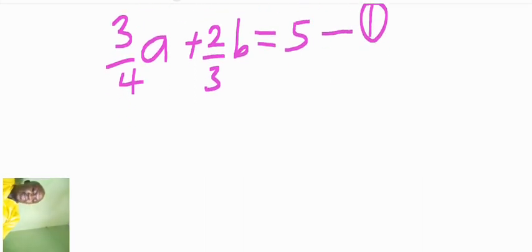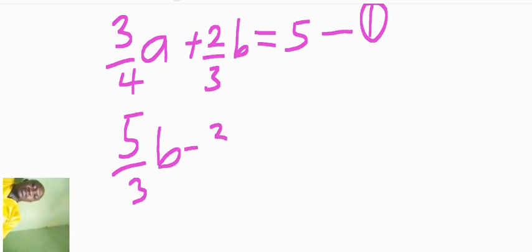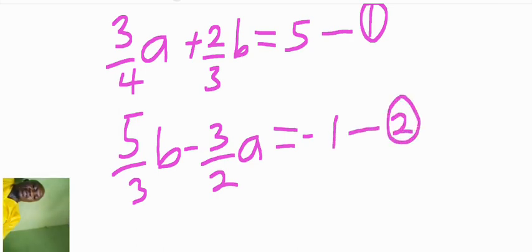And we also have 5/3 b minus 3/2 a, and this is equal to negative 1. This is my second equation. Please, as usual, pause this video and try this work on your own before you come and have a look at the solution. Okay, so let's begin.